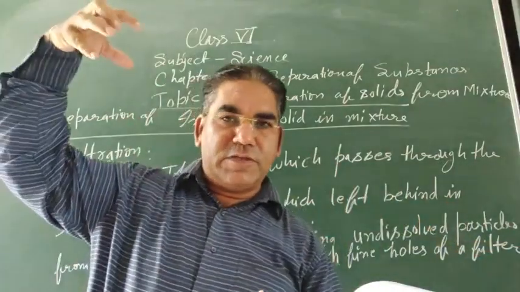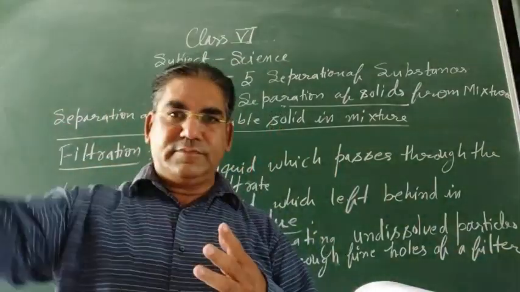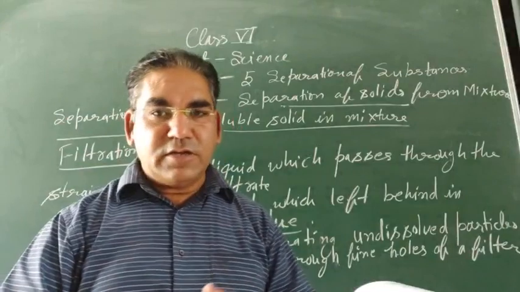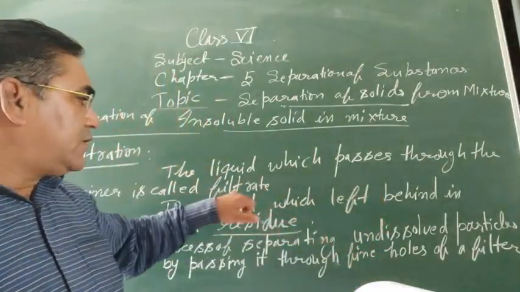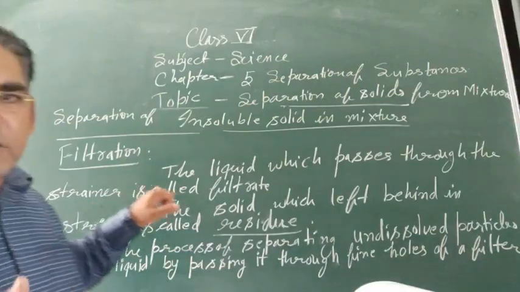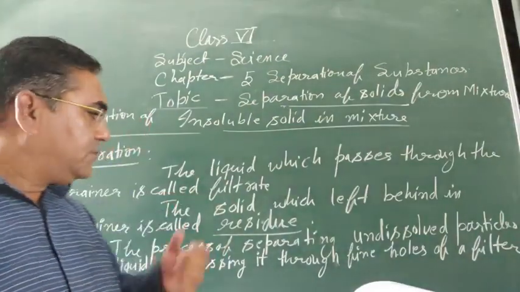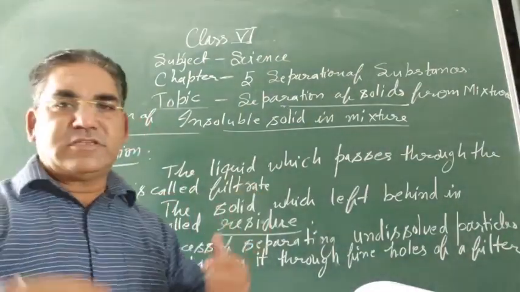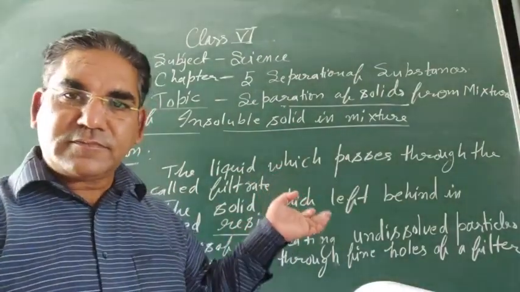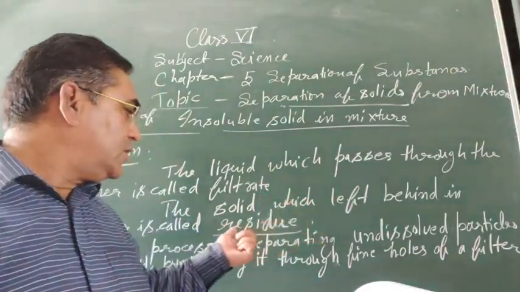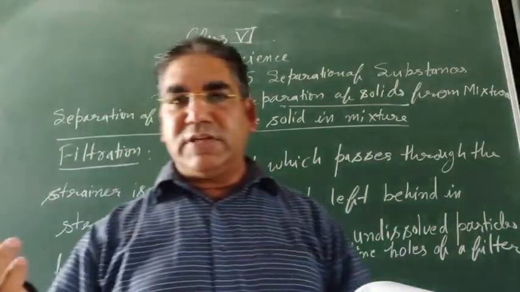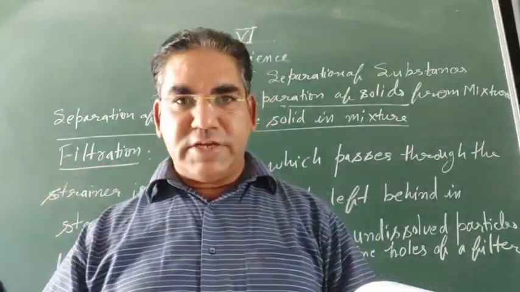The material which passes through the filter is known as filtrate. The liquid which passes through the filter or strainer is known as filtrate, and the solid which is left behind over here is known as residue.